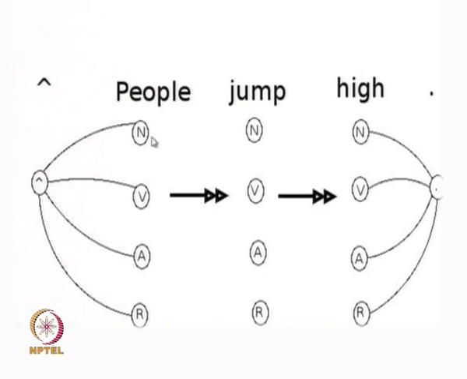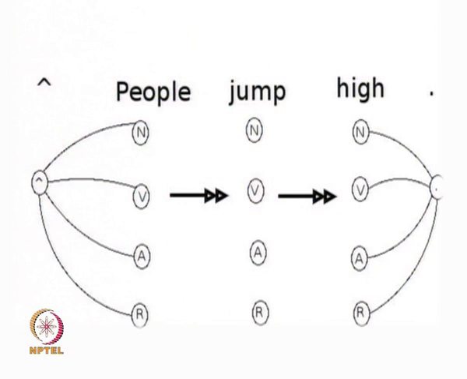So, of course, you will object saying that people can never be an adverb, jump, how can it be an adjective, and so on. But this is only for the purpose of keeping the discussion simple and also illustrating how a simple algorithm would work, how a first cut algorithm would work.